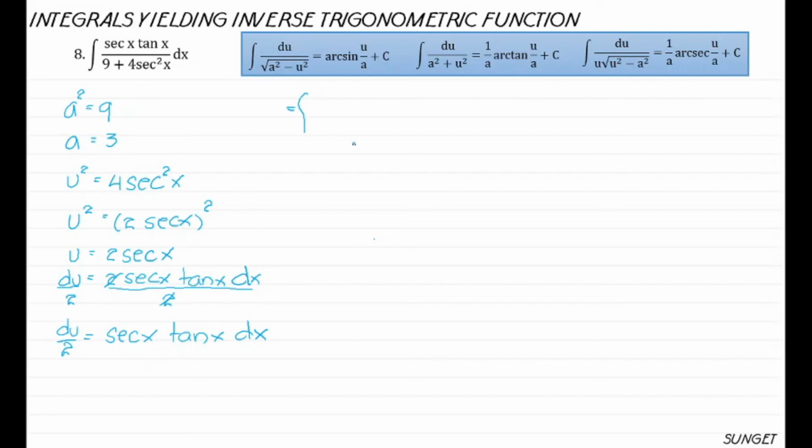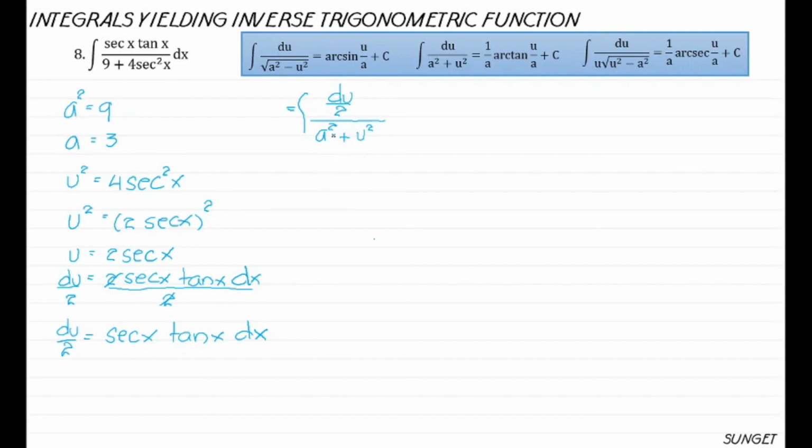So we have the integral of secant x tangent x dx is equal to du over 2, so du over 2 over 9, so 9 is a squared, plus 4 secant squared x is u squared. Then we have the integral of du over 2 over a squared plus u squared.